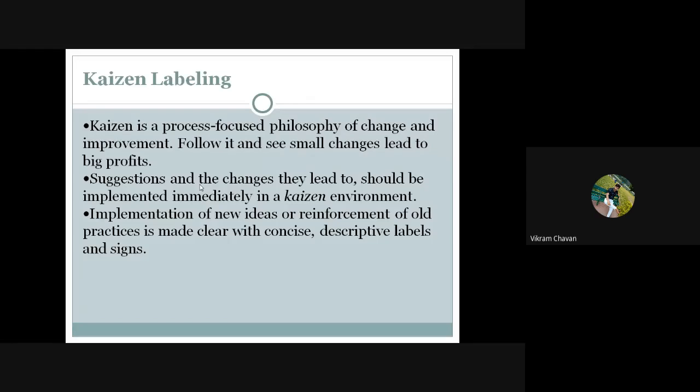Next one: Kaizen is a process focused philosophy of change and improvement.